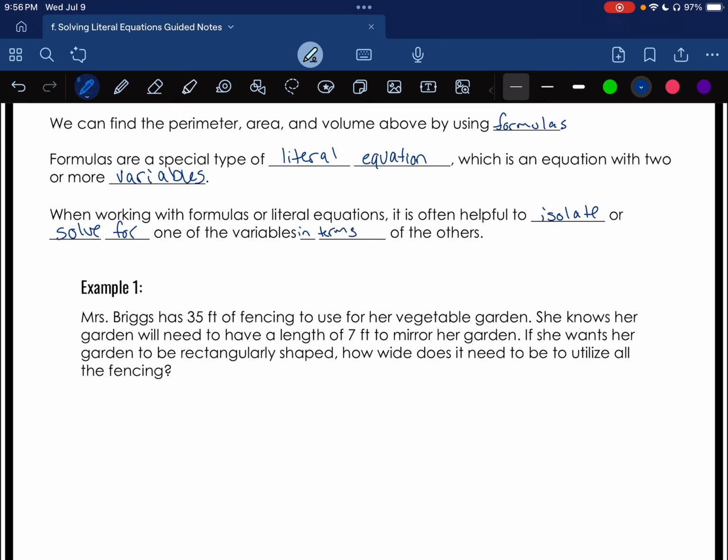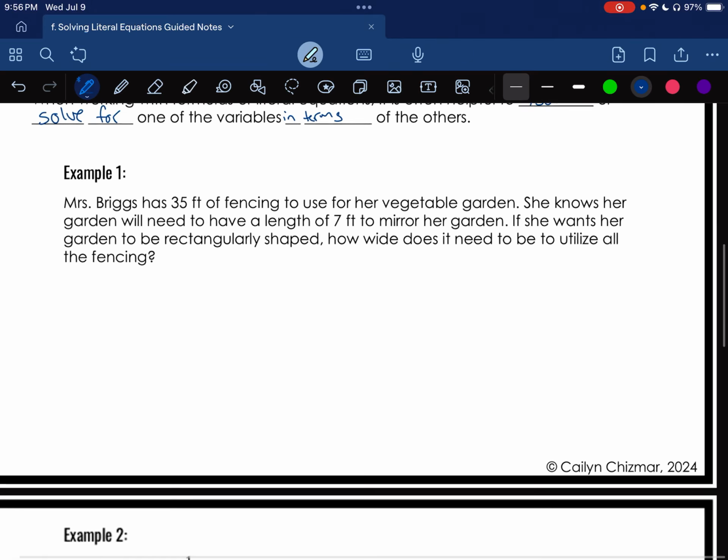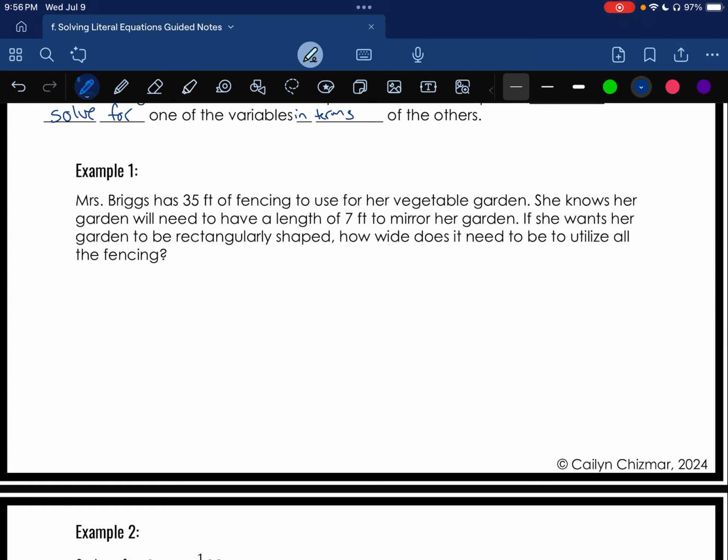Let's just do this first example here. It'll make more sense. Alrighty, so Mrs. Briggs has 35 feet of fencing available to use for her vegetable garden. She knows that her garden will need to have a length of 7 feet to mirror her patio.